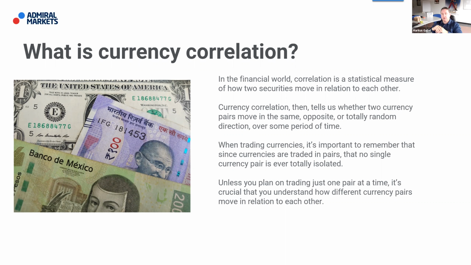So when trading currencies, it's important to remember that since currencies are traded in pairs, no single currency pair is ever totally isolated. They are always traded in pairs. You cannot trade euro. It's not possible. You cannot trade Japanese yen.